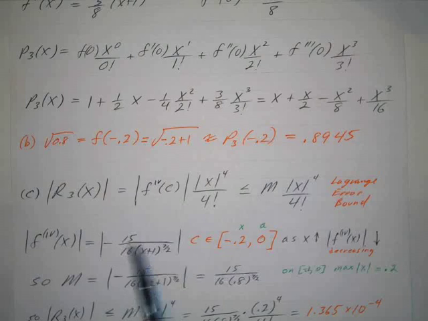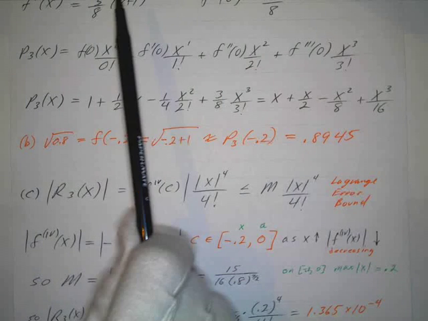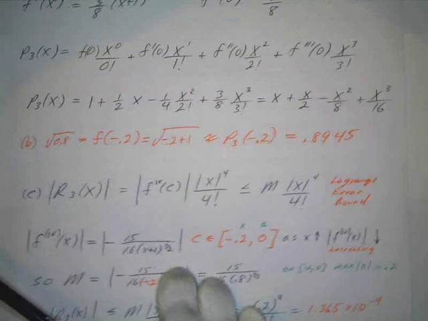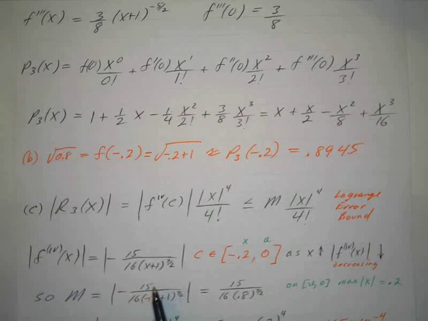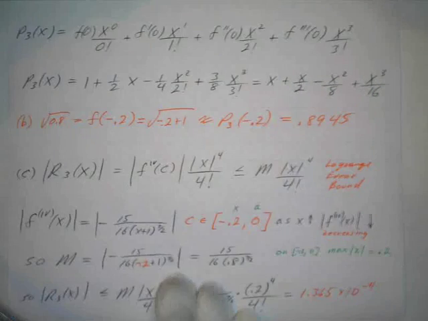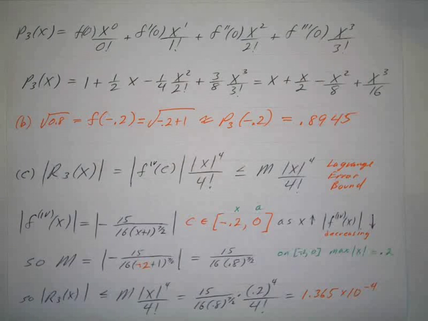So I looked at this derivative, and if I took the next derivative up here, that's going to be positive 15 over 16, x plus 1 to the 7/2. And this is going to be on the interval now.